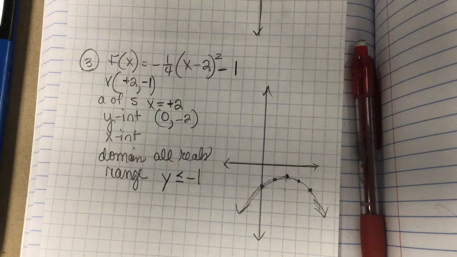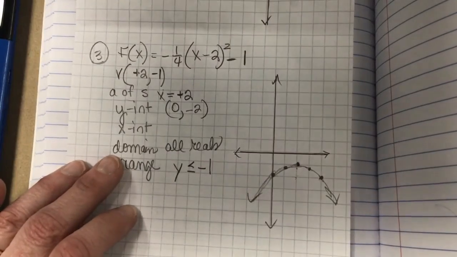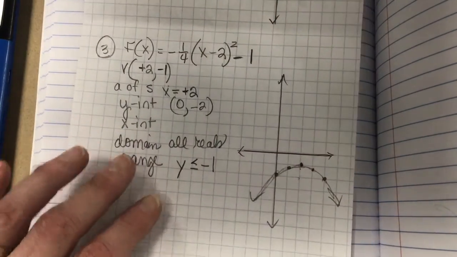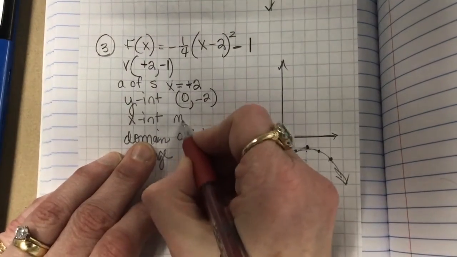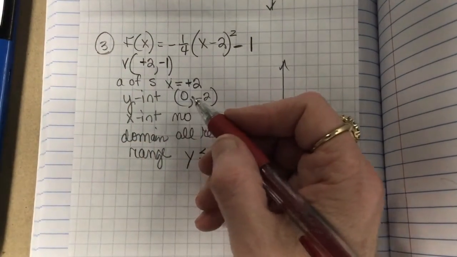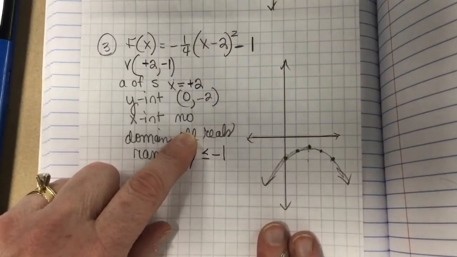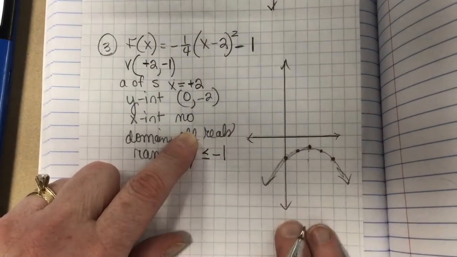What were the x-intercepts? Where does it cross the x-axis? Oh, it doesn't. Now, technically, it's none. Now, the math teacher in me goes, they're actually imaginary. But you can't graph imaginary numbers on the x and y axis.